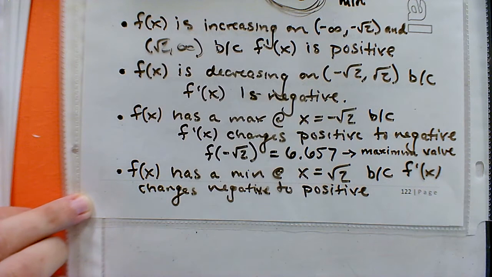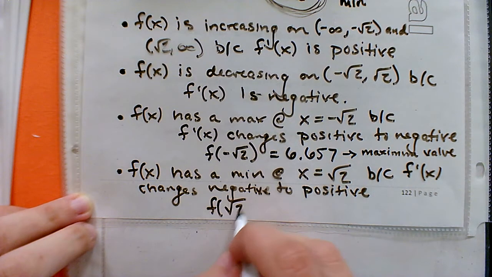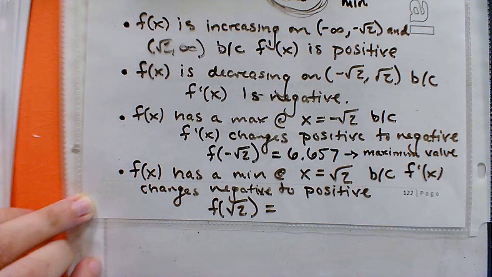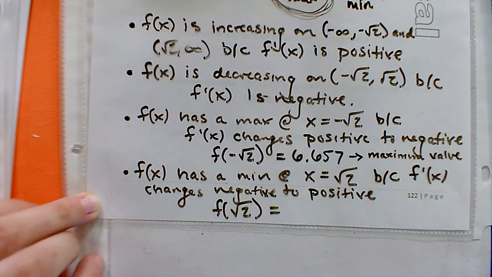Okay, so if that's a location of a minimum, let's plug that into the original to figure out the height of that minimum. It might not be the lowest point, but it's a low point on the graph. People with calculators, going to need you again.